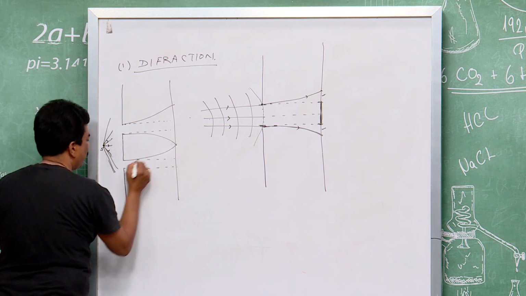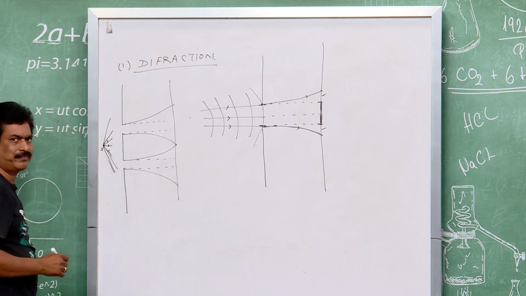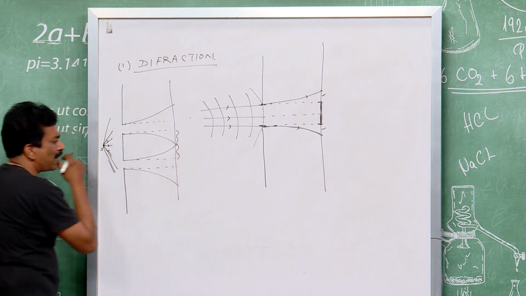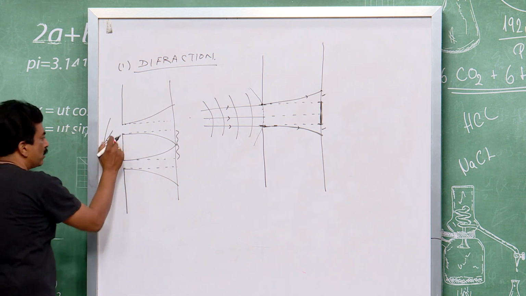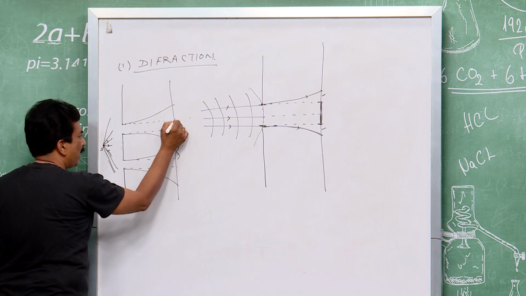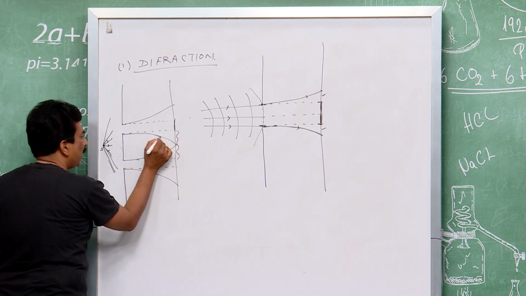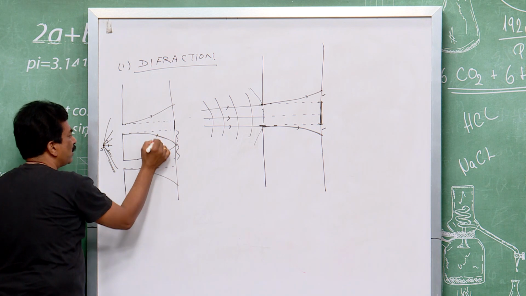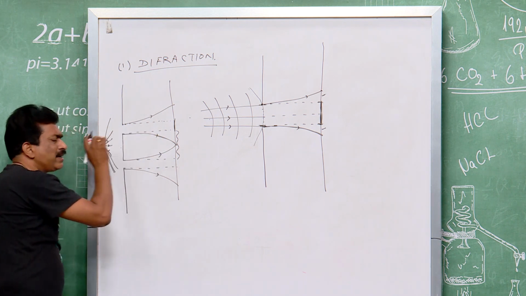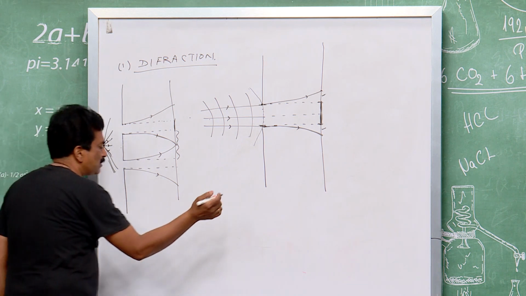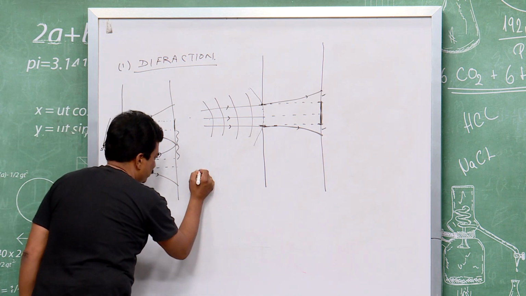Means within this region, which is brighter, this is the opaque one, means this is the darker one and this is the brighter one. From the brighter it enters the darker, means the shadow portion. So all these phenomena show that while the light is passing through the corners, it bends. Suppose I take the third demonstration.